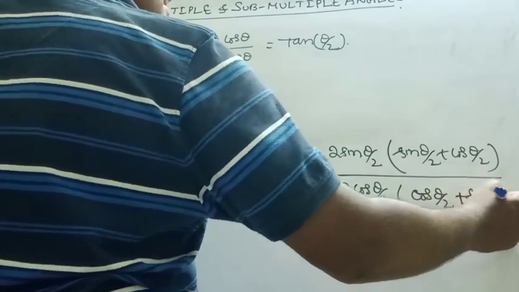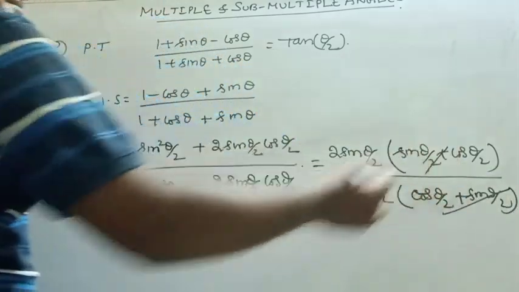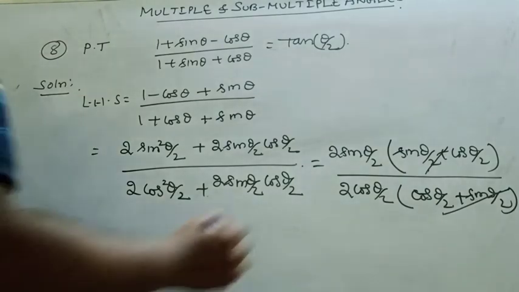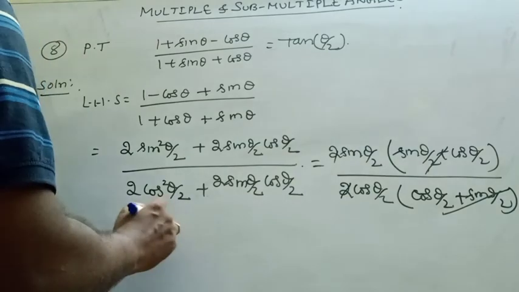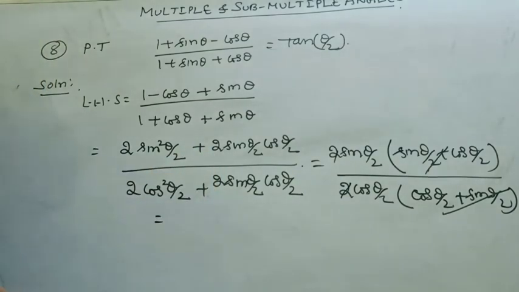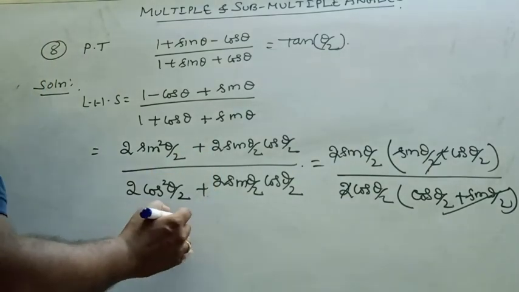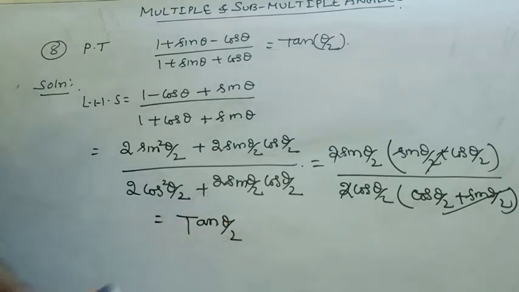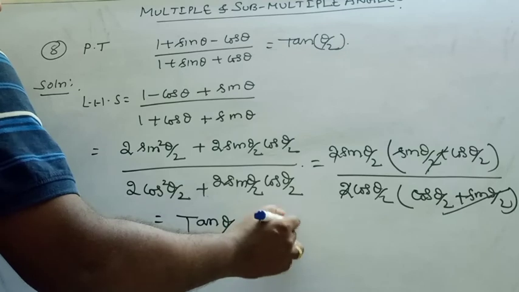I think we can cancel this, right? My dear students, once we cancel this, the 2 and 2 will be cancelled. Now what we have here is sin theta by 2 by cos theta by 2, that is nothing but tan theta by 2, and that is the right hand side part.